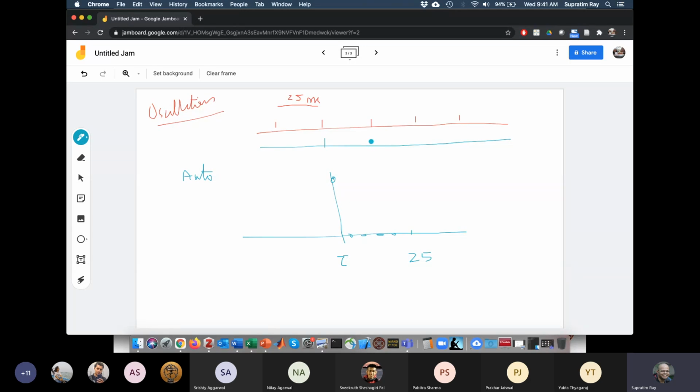This one would have gone there. The whole thing is shifted now. So then you will again see an increase. And again at 50. So if there is some noise here, it will actually start looking like this.